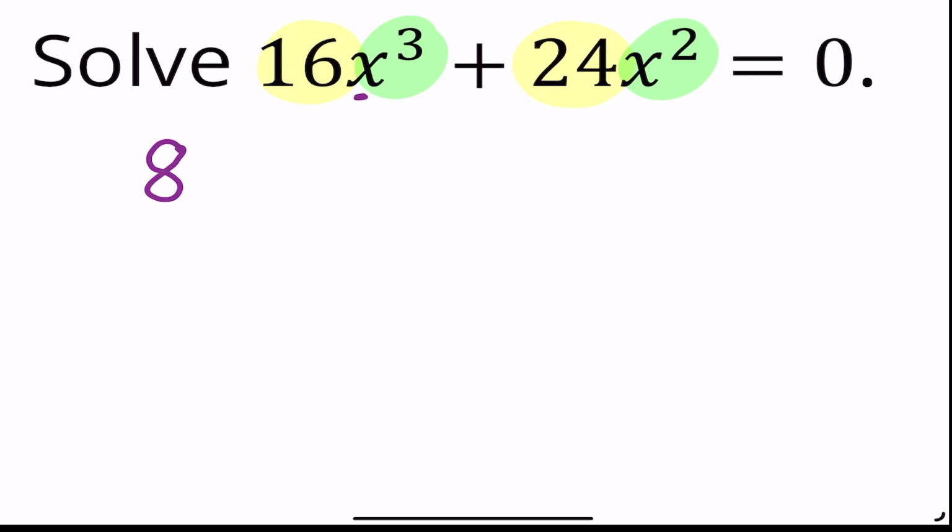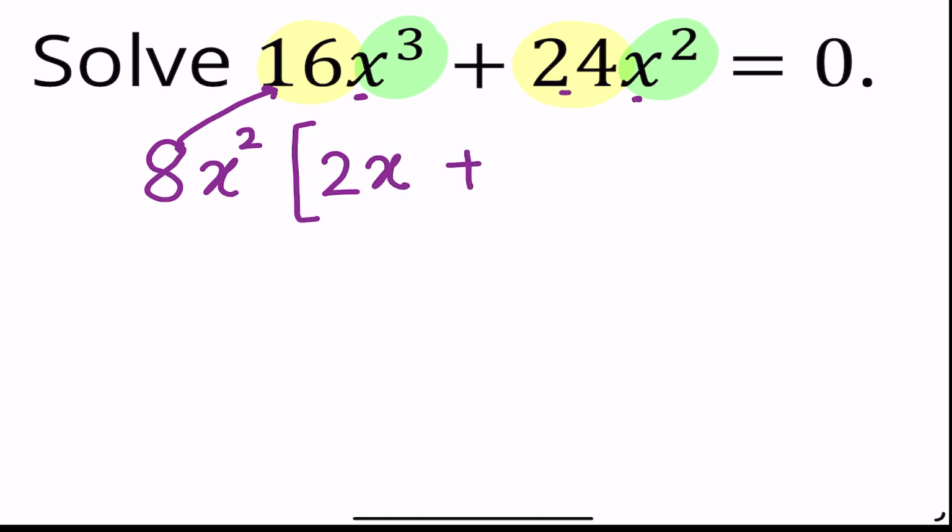From x cubed and x squared, it's always going to be the lowest power, which is x squared. 8 goes into 16 2 times. x squared times what gives you x cubed? x. Plus 8 times what gives you 24? 3. x squared times what gives you x squared?